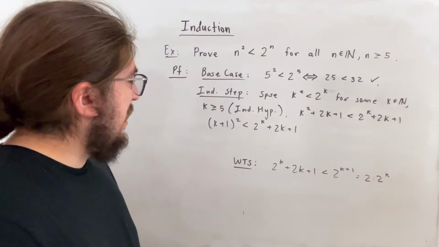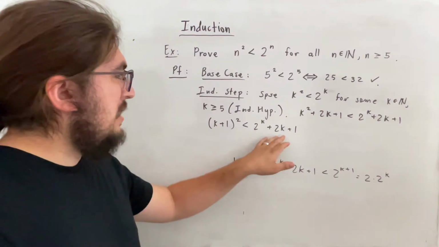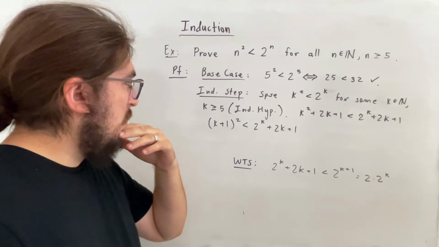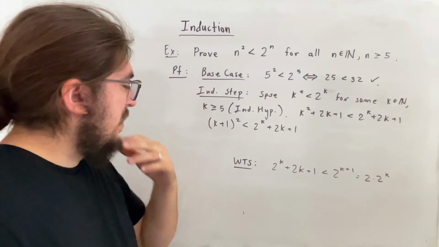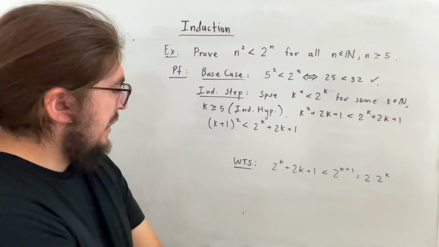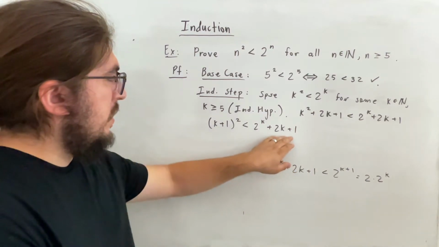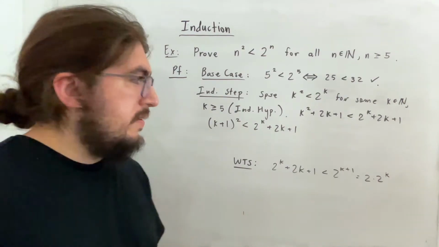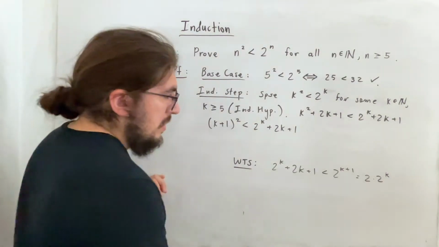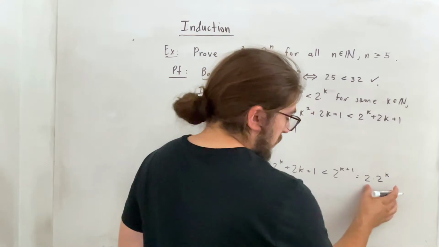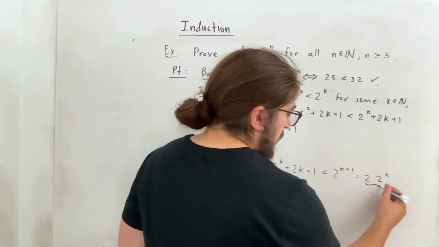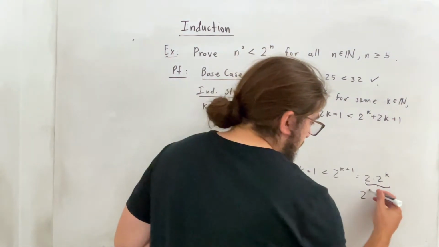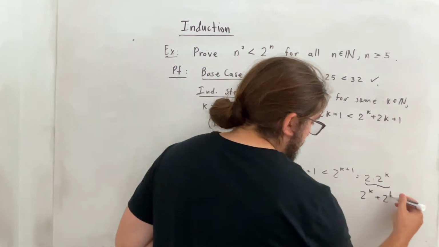So what can I do to this? Oh, we can add stuff to this. But we can't take stuff away. I'm trying to think how that works. We can add stuff, but we can't take stuff away. We want this to kind of turn into multiplying by 2. Oh, you know what? Here's something. So 2 times 2 to the k. Another way of stating this is it's itself added to itself.